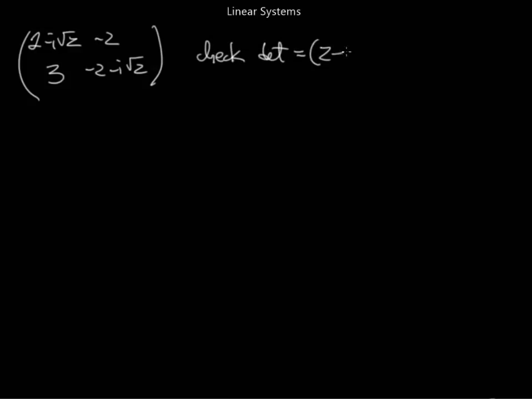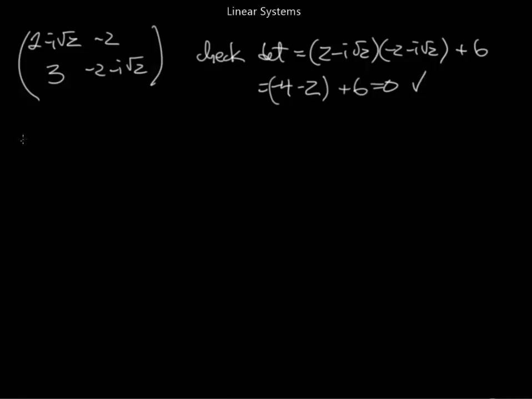And we shouldn't have to check this, but just as a sanity check, let's compute the determinant of this matrix and see if it's really 0. Let's see, you get minus 4 minus 2, and then the signs cancel, so there's no i term, and plus 6, and yes, indeed, this number is 0. So that's good.